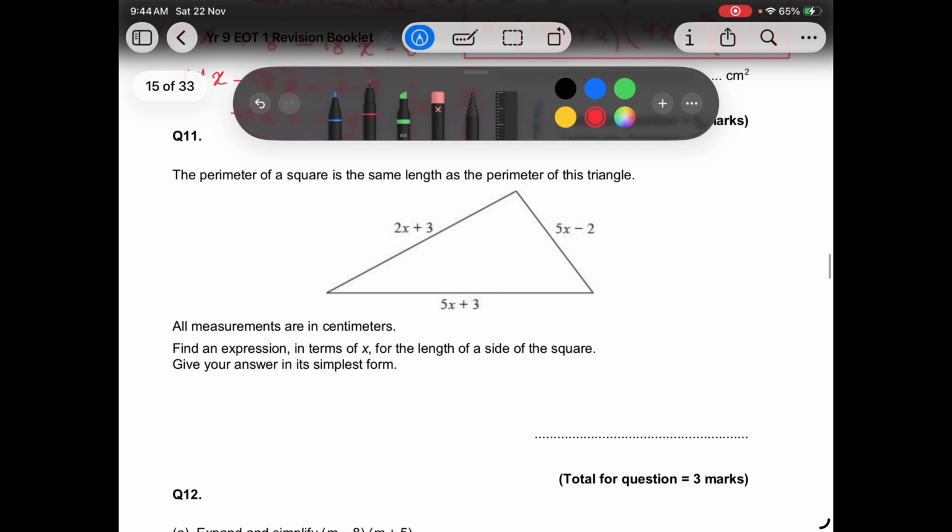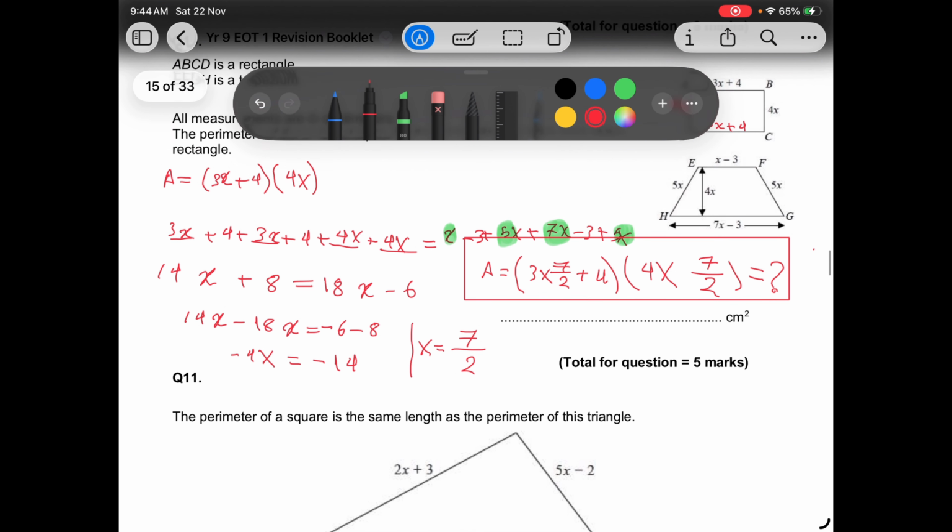So the question here, all measurements are in centimeters: find an expression in terms of x for the length of the side of the square. Give your answers in simplest form.